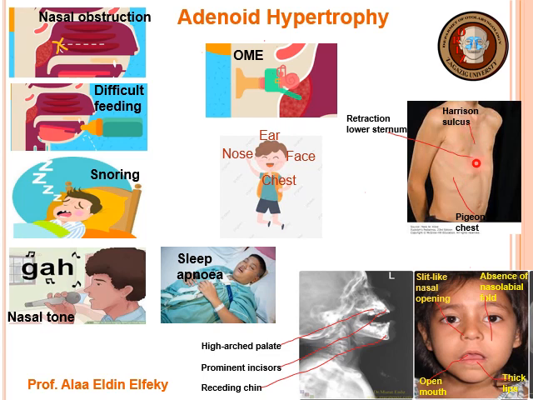Here, retraction of the lower part of the sternum, and finally the pigeon chest. All these are due to respiration under resistance. The patient tries to take respiration from the nose under high resistance, and this will cause these chest manifestations.